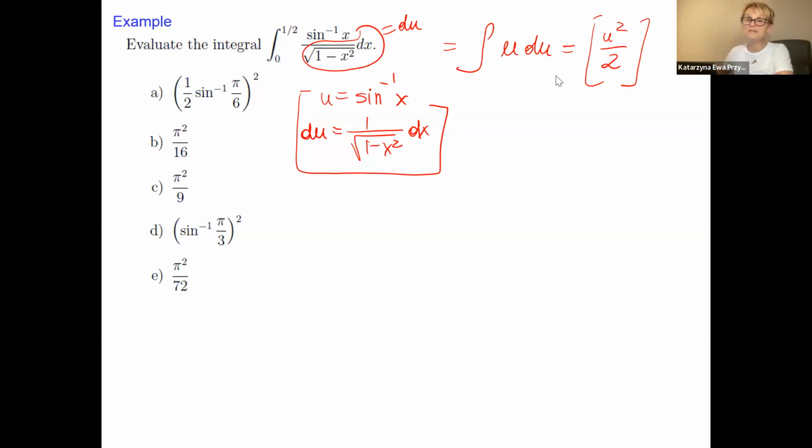We have to memorize the basic trigonometric values for reference, the special angles 0, 30, 45, 60. Okay, let's keep working.